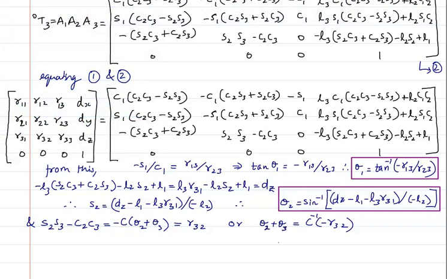With that, I will get it straight away. Therefore, theta 3 will be equal to cos inverse of minus R32, minus theta 2. Now, where is theta 2? Theta 2 we have already found out.